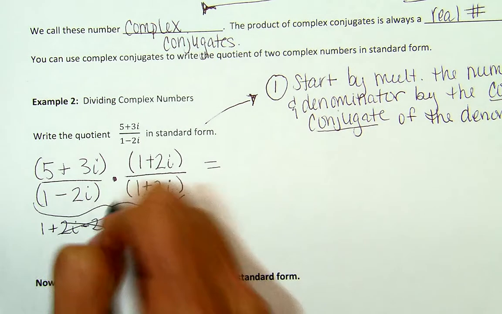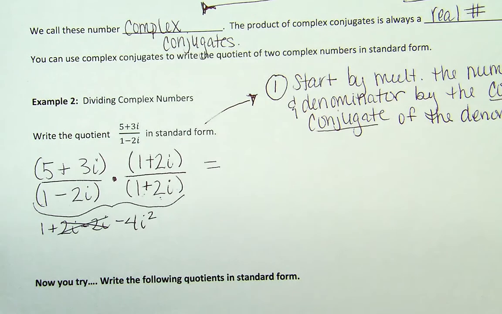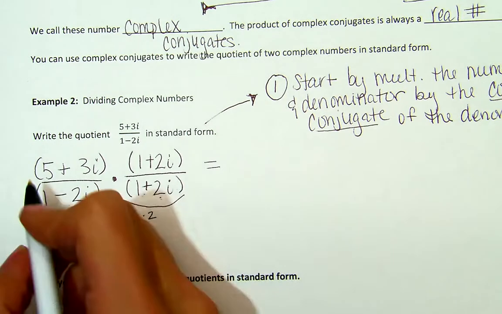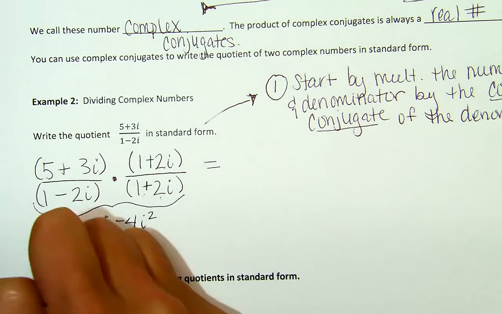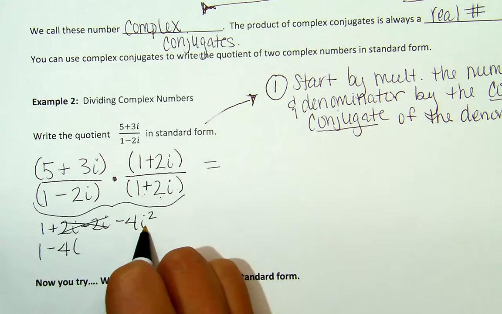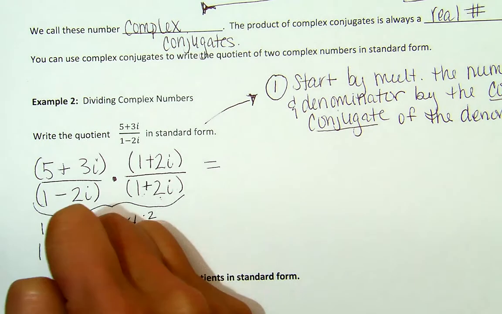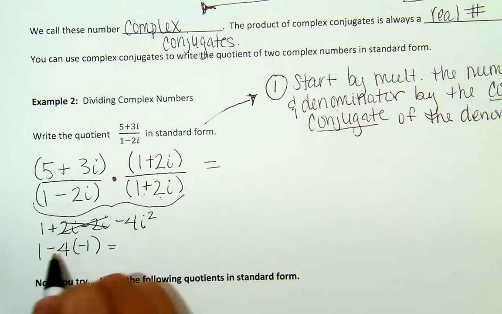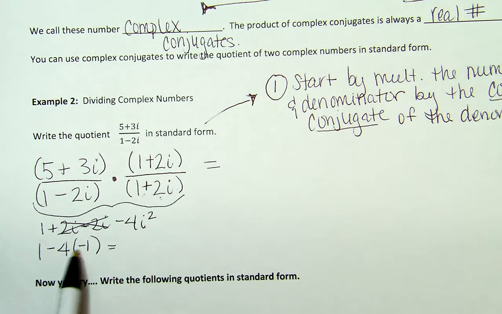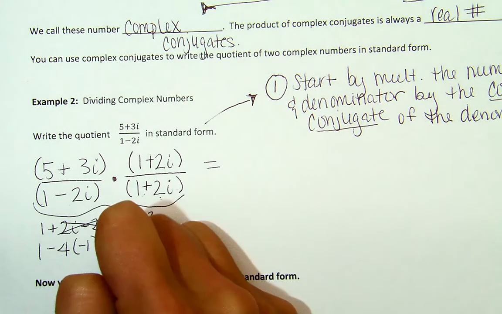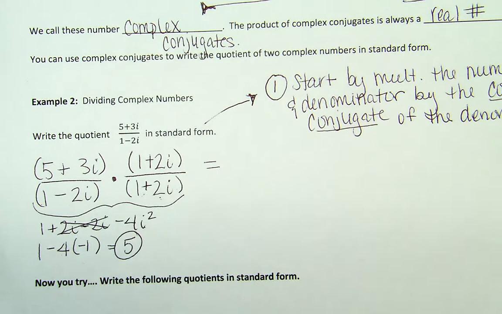Because they are complex conjugates, our middle terms, which are the i's, cancel out, and we're left with 1 minus 4i squared. We're going to substitute in negative 1 for i squared, which gives us negative 4 times negative 1, a positive 4. Positive 4 plus 1 gives us 5 in our denominator. So we're going to hold on to that for one more second.